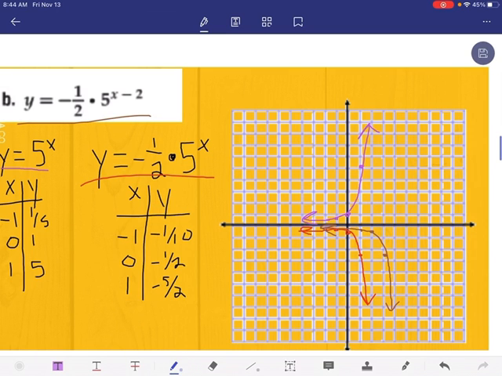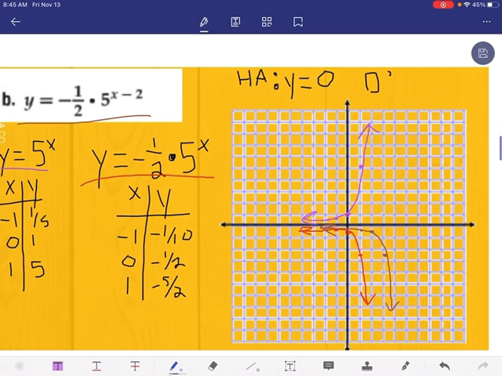So let's go ahead and find a couple of things. So notice that my asymptote did not change. Because we did not move it up or down, the horizontal asymptote is still going to be at 0. So we have a horizontal asymptote at y equals 0.